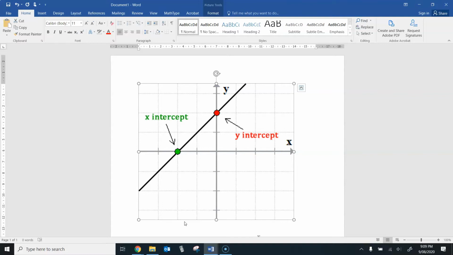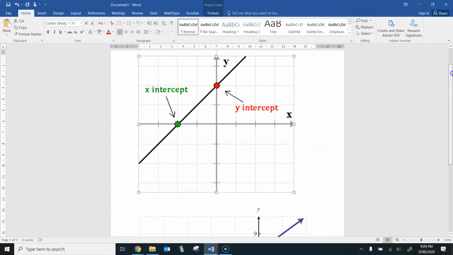They only have one axis intercept. But in the example you can see in front of you, we have a straight line that cuts both the x-axis and the y-axis. Where it cuts the x-axis, it's called the x-intercept, and you see that by the green dot. Where the straight line cuts the y-axis, it's called the y-intercept.